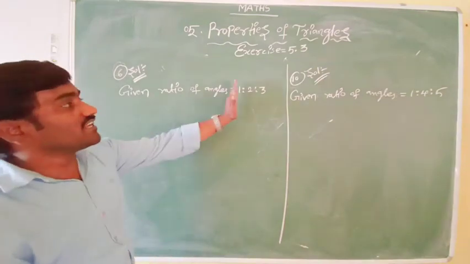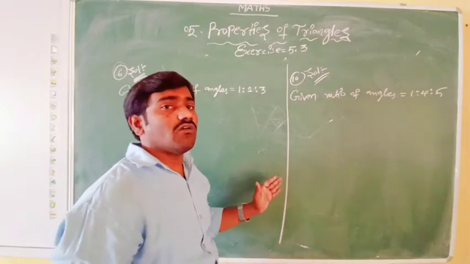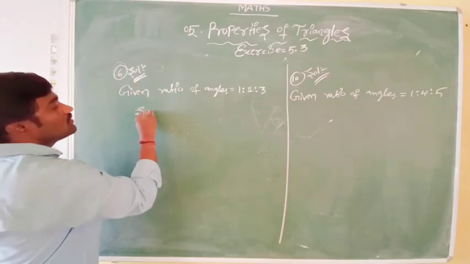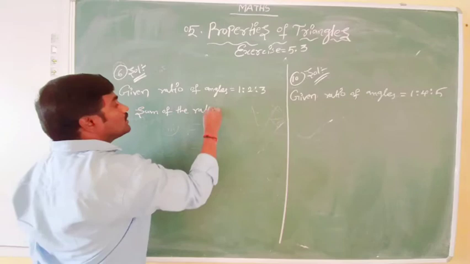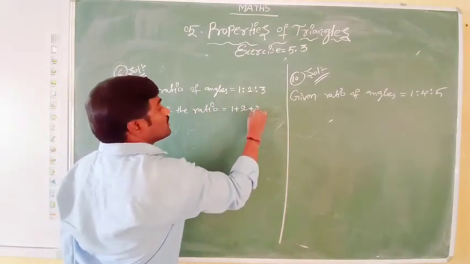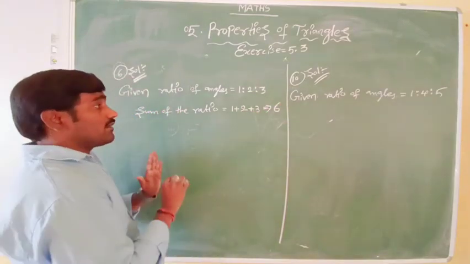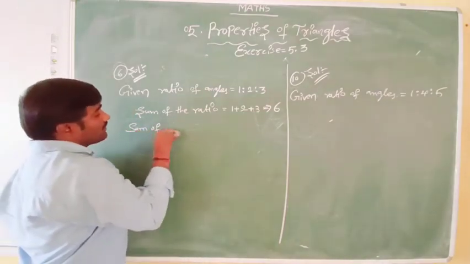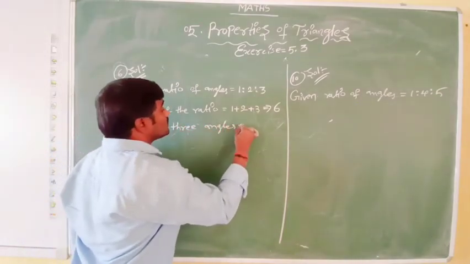So the three angles are in the ratio 1:2:3. Here the three angles are in the ratio 1:4:5. Whenever the ratio is given, we have to go for the sum of the ratio. 1 plus 2 plus 3 equals 6. The sum of three angles equals 180 degrees.